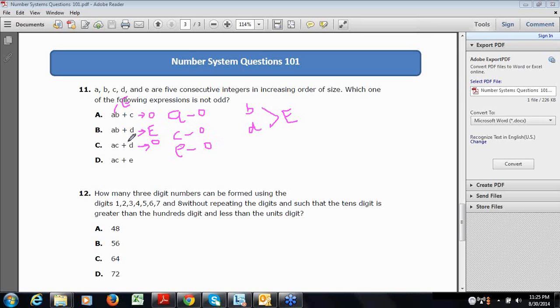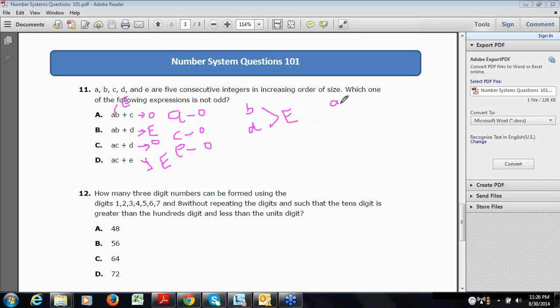AB plus C is odd, AB plus D is even, AC plus D is odd. AC plus E: AC is odd, odd into odd is odd, plus odd is even. So we got AB plus D and AC plus E as even.